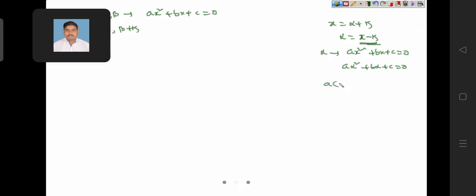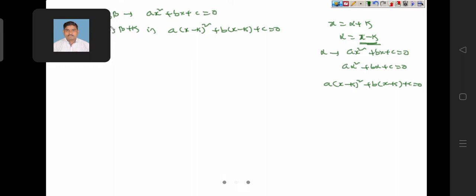So a into (x minus k) whole square plus b into (x minus k) plus c is equal to 0. So the quadratic equation whose roots are alpha plus k, beta plus k is a into (x minus k) whole square plus b into (x minus k) plus c is equal to 0. Simply, in place of x, you have to substitute x minus k. Plus k, opposite operation is minus k.